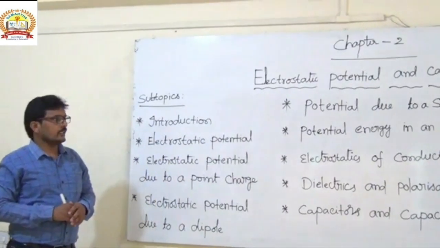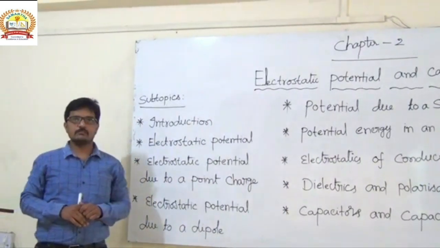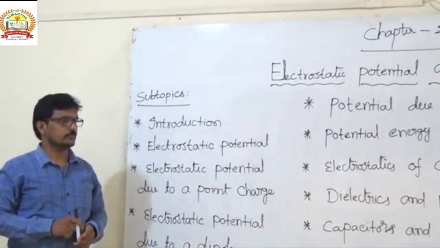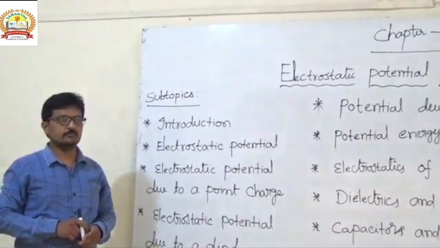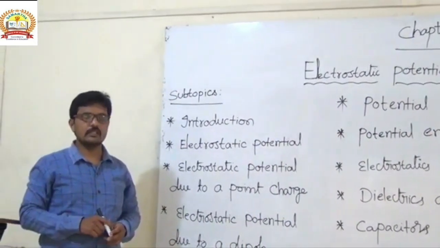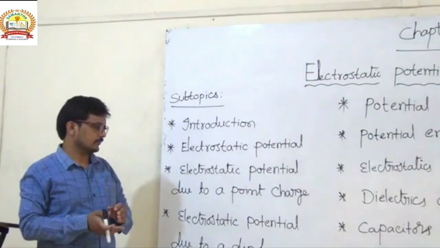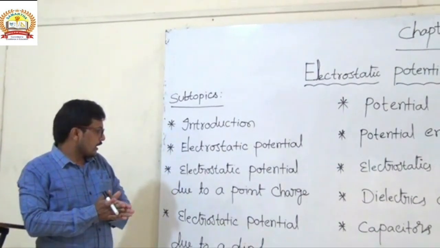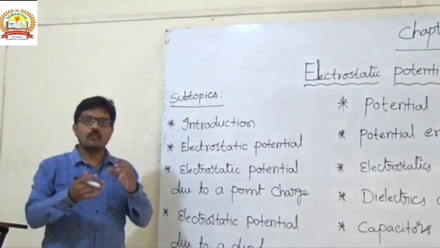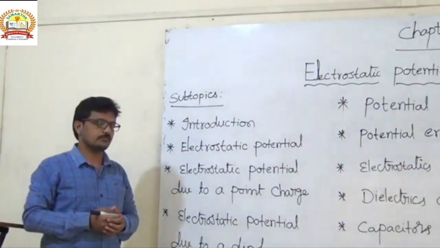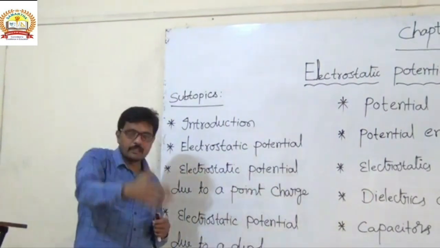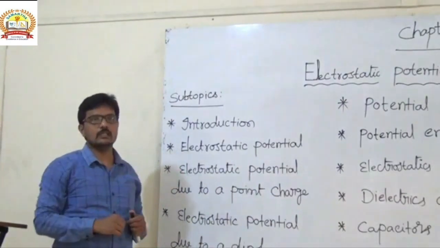And we can define the electrostatic potential energy in electrostatics, like gravitational potential energy in a gravitational field. The potential energy is the work we need to bring the charge from infinity to the given point against the electric field.